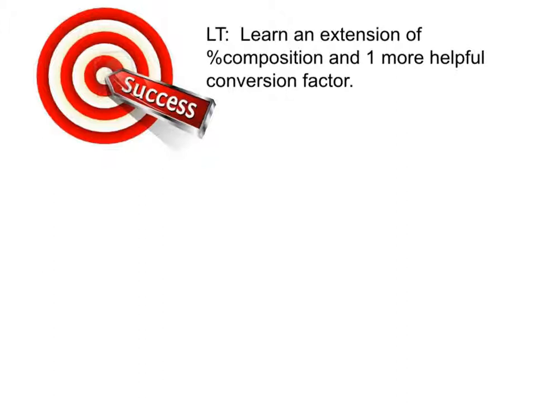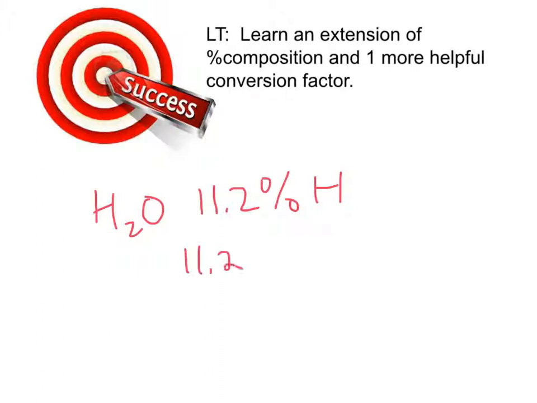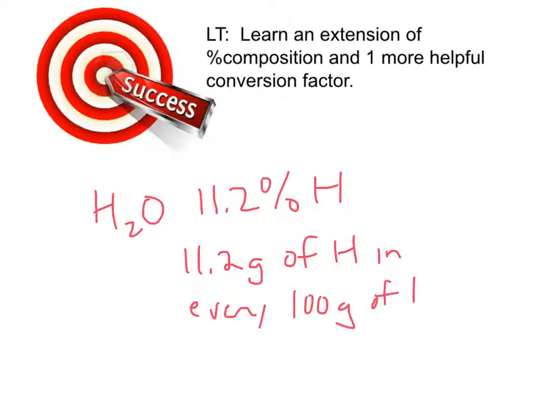So when we say that water has a percent composition of 11.2% hydrogen, what we're really saying is that there are 11.2 grams of hydrogen in every 100 grams of water.